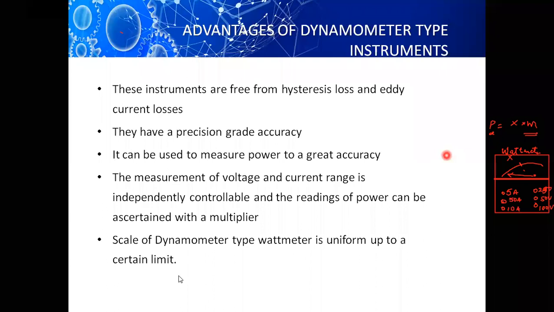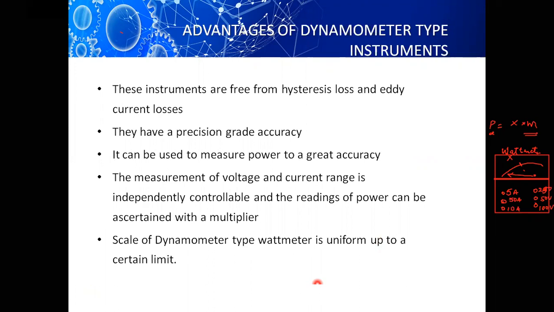And the scale of the dynamometer type wattmeter is uniform up to a certain level. When we use the dynamometer type instrument as an ammeter and voltmeter, we have seen that it measures the RMS value, but the deflection angle is proportional to the square of the quantity, and hence the scale is not uniform in those cases.